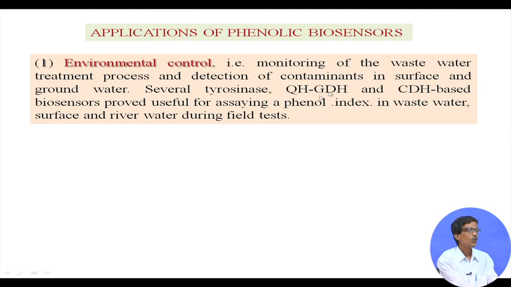You need not bother about these terms; basically the quinone-based or the reduced-form-based biosensors proved useful for assaying the phenol index in water. This is a very useful terminology: phenol should be avoided in any kind of water.